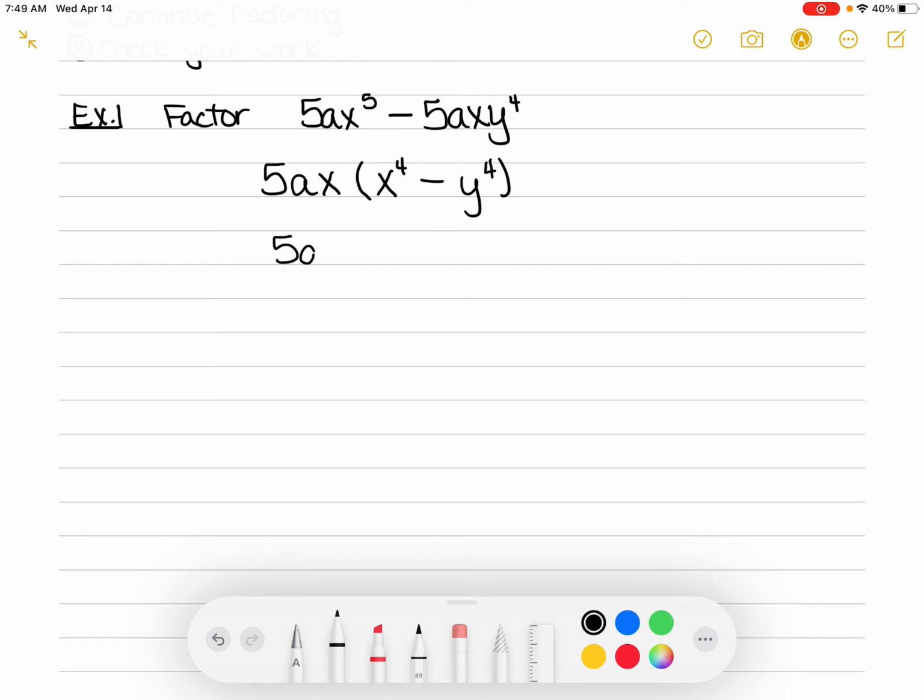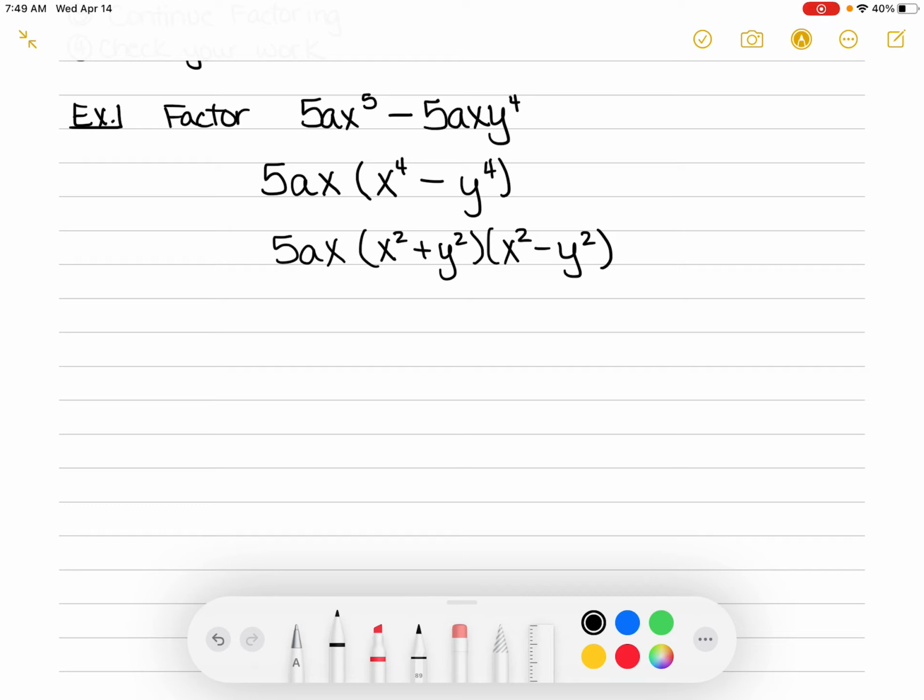And yes, I can. That's a difference of squares. So I'm going to have x squared plus y squared times x squared minus y squared. So you can't forget all your other lessons. Once you go on to the next lesson, you have to keep remembering what to do because it's all going to be on your test.